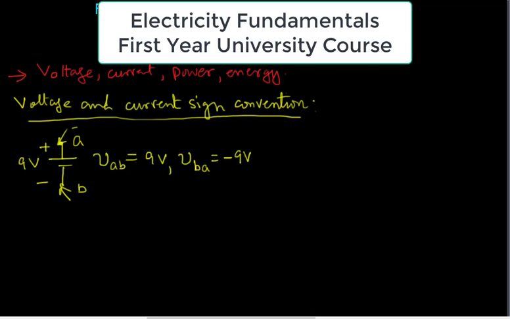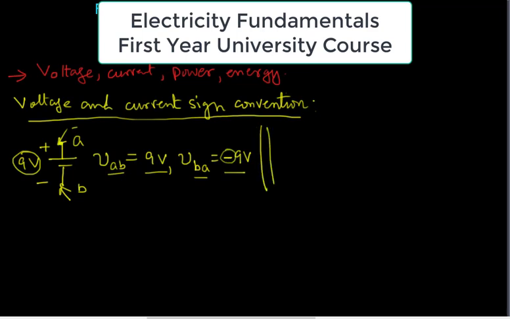This is how we are going to assign signs to voltages. So if there are two terminals across which there is some voltage, you can refer to those two terminals in this way: V, voltage measured from A to B, and then give the voltage that's present there. If you reverse that, BA, then a negative sign is going to appear with the voltage.